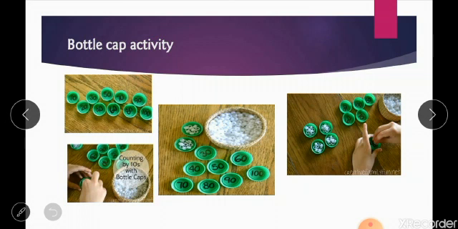You also collect some beads, colorful beads or buttons, that's your wish. You make tens collections: in one bottle cap you fill 10 beads. Like that you arrange them, so it will come up to your 100. So if you count at the end 10, 20, 30, 40, 50 like that, you have to come to here.